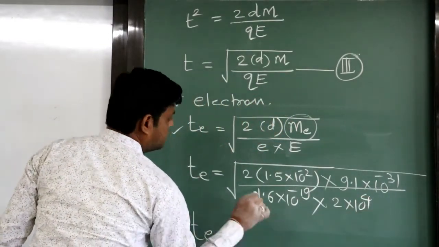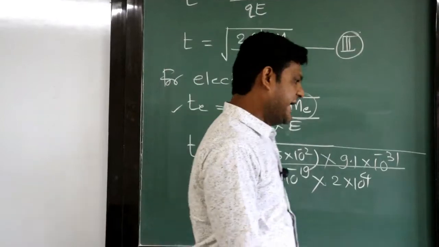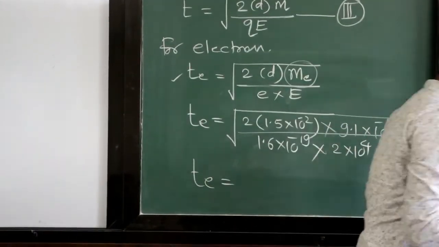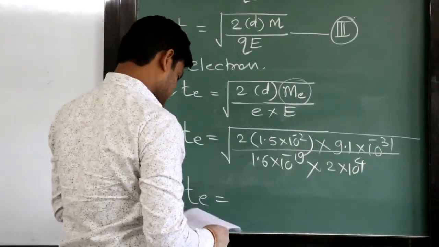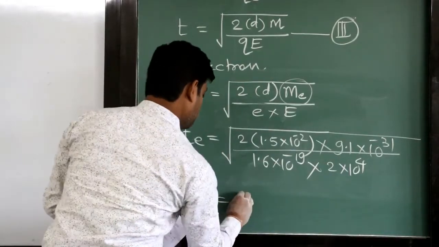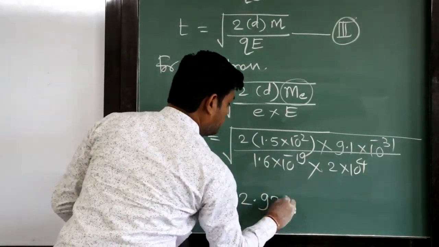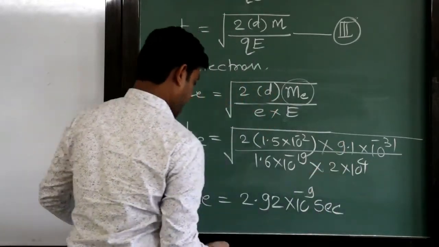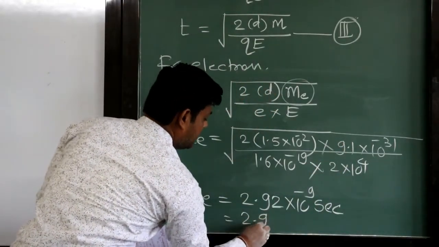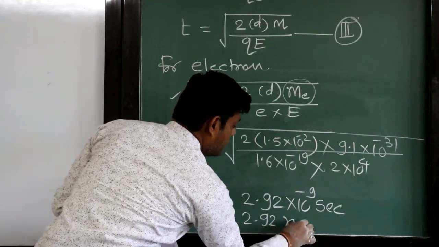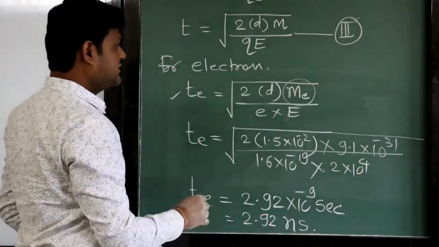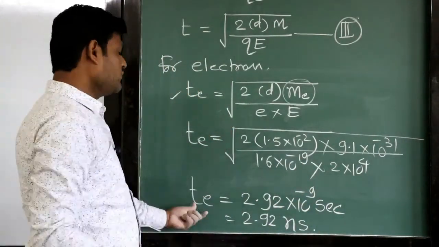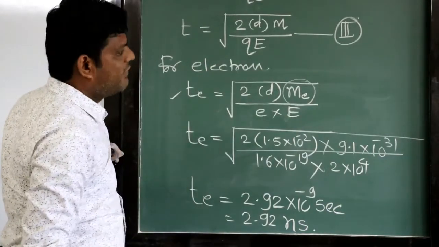By solving this, you will get the time of the electron, nearly equal to 2.92 × 10^-9 second, that is 2.92 nanosecond. This is the time required for the electron.